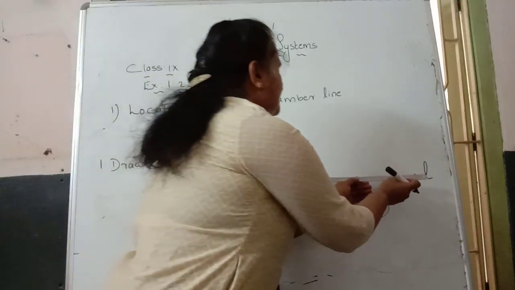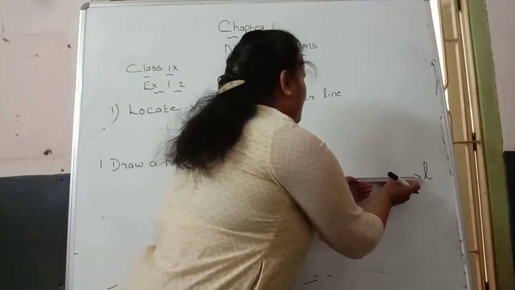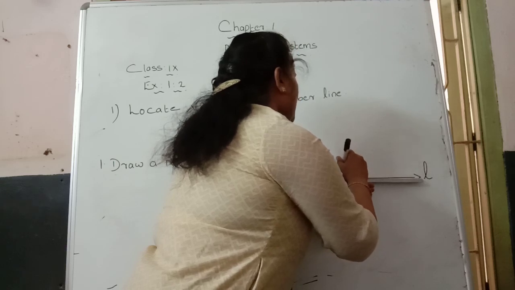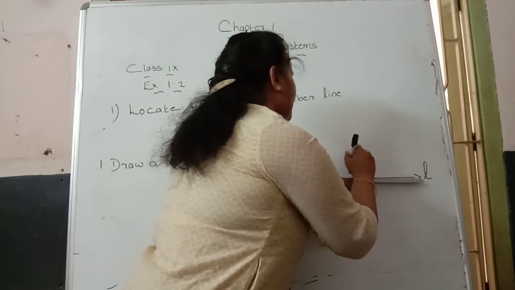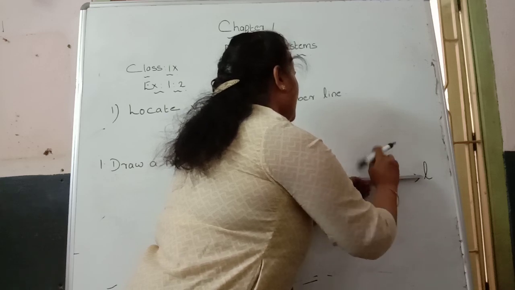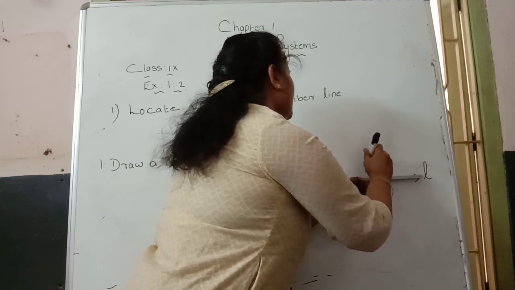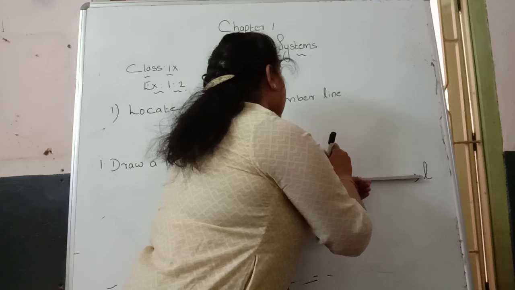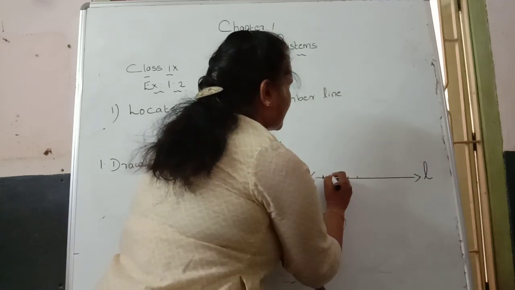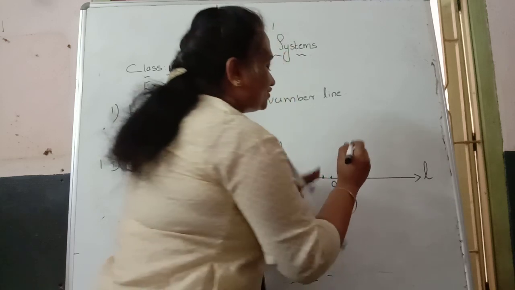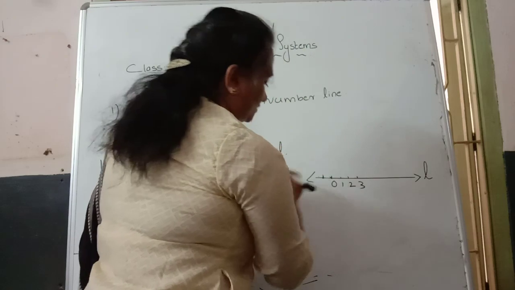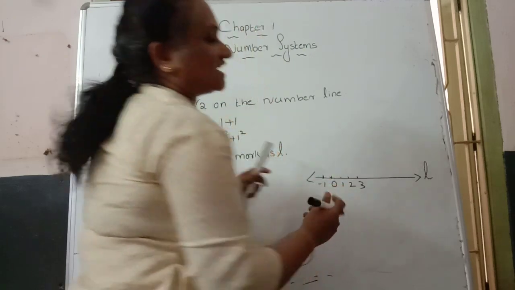On the number line, first we mark 0. The right side of zero represents positive. Take 1 centimeter on the right side and on the left side, and mark those points. So I mark 0, and on the right side 1, 2, 3, and on the left side -1, like this.